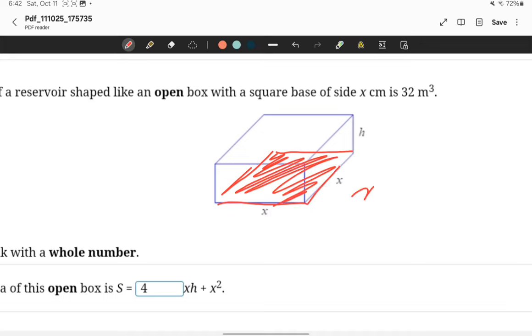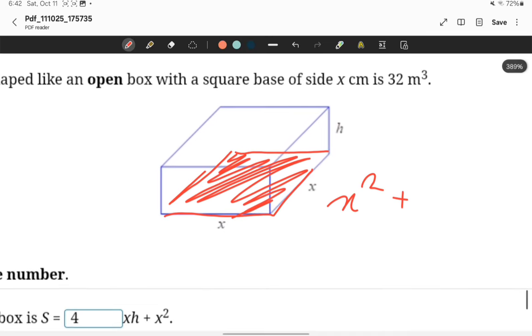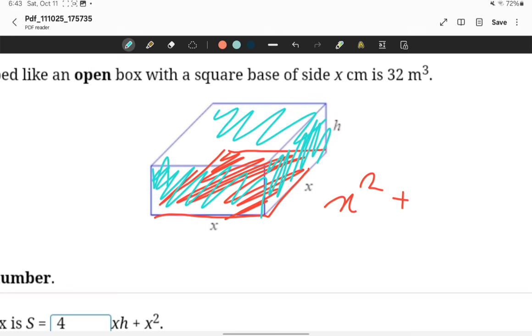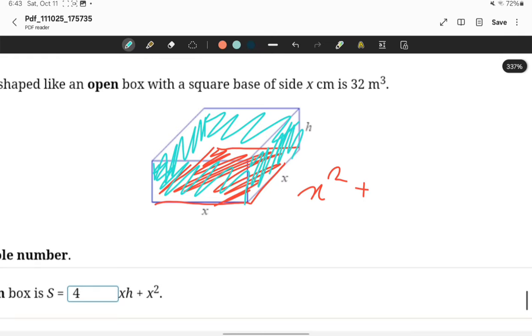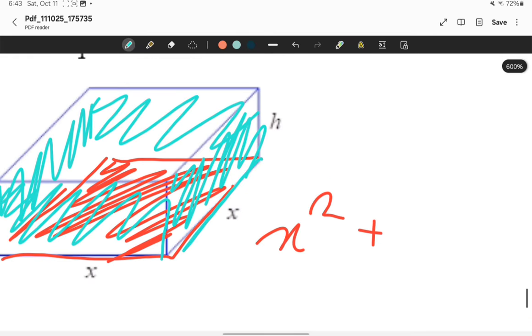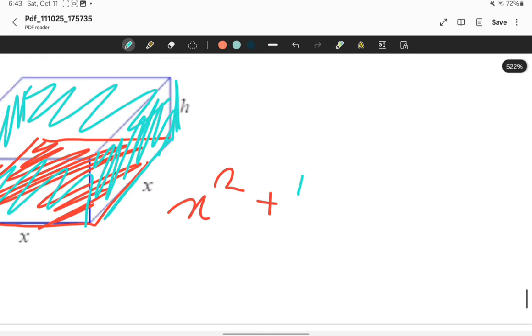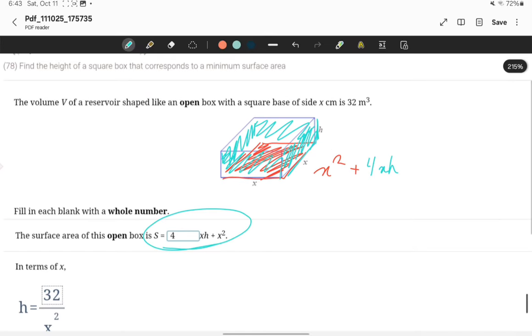X times x, so it's x squared, plus each of these sides. So we have this one side here, and this is another side, and we have the sides at the back also, and this side here. Each of those sides is actually just x times h, right? It's x times the height, and we have 4 of those sides, so it's 4xh. That's it, that's all they want.